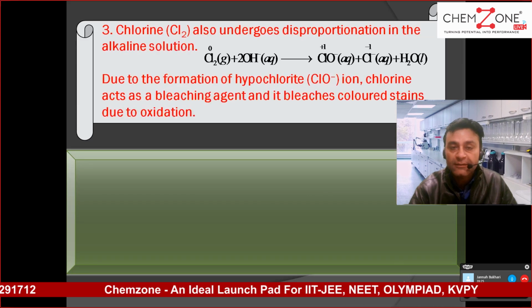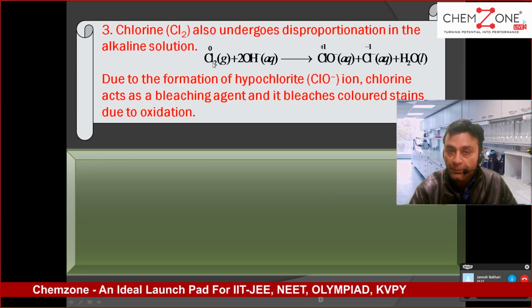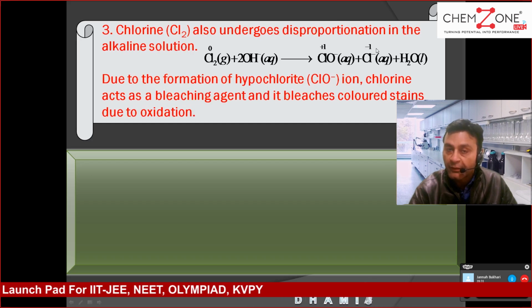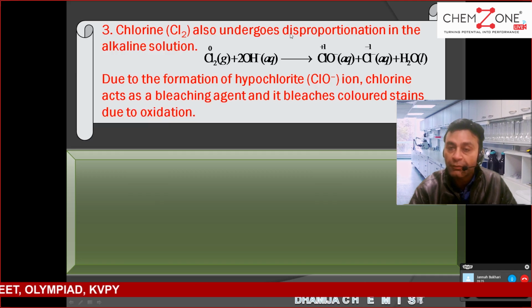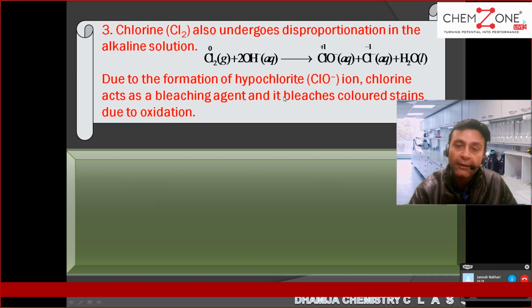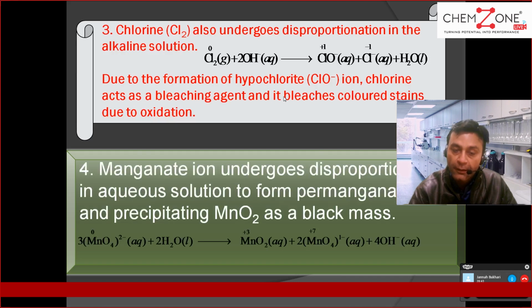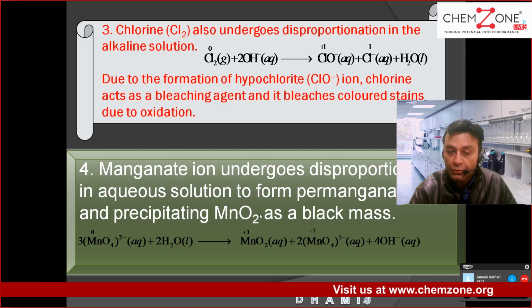Now, take up this case. Chlorine, 0 here, +1 here, -1 here. 0 to +1 is oxidation, and 0 to -1 is reduction. So chlorine is undergoing a disproportionation reaction. In this case, manganese, 0 to +3 to +7.